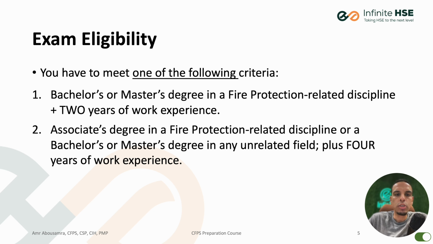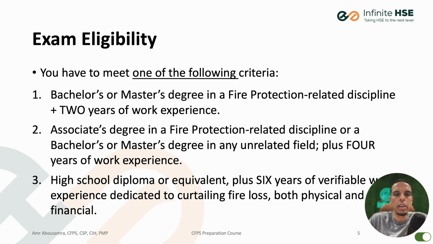If you have an associate degree in a fire related discipline, or if you have a bachelor's or master's degree in any field away from fire protection, you have to prove that you have 4 years of experience.